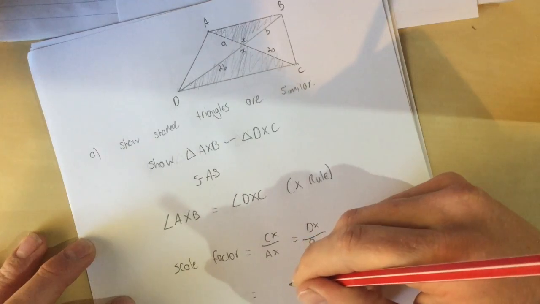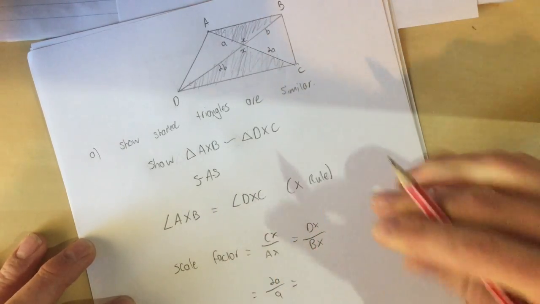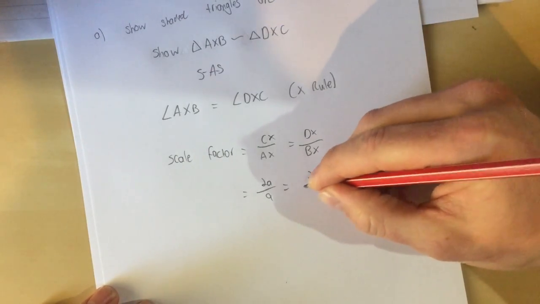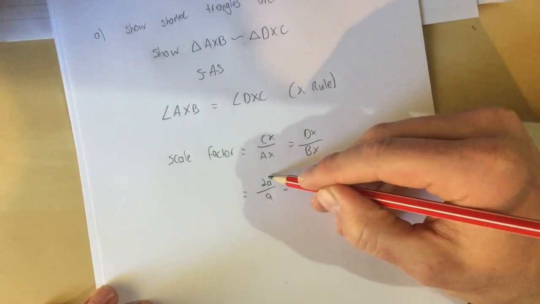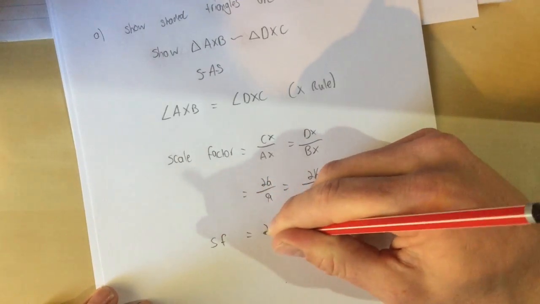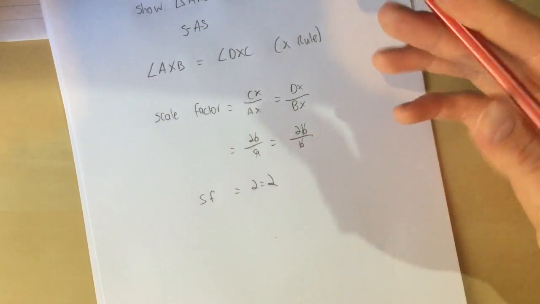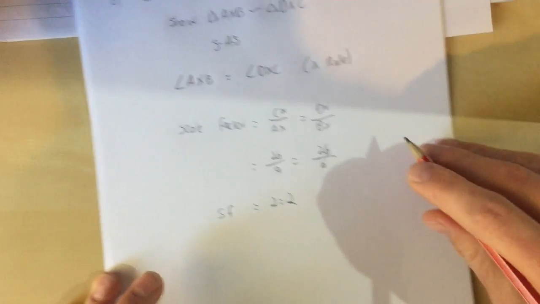So we'll put the values in. So 2a on a equals 2b on b. And straight away we can see that these two values cancel out on both sides, and we're left with a scale factor of 2. So we can say that both these triangles are a ratio of 2 to 1.